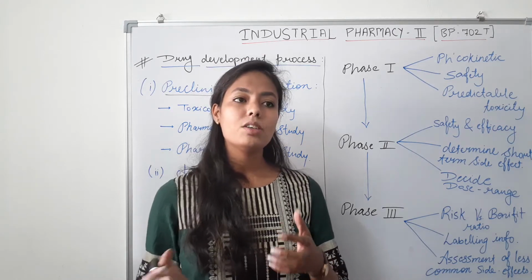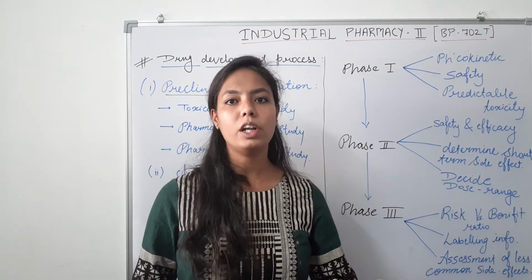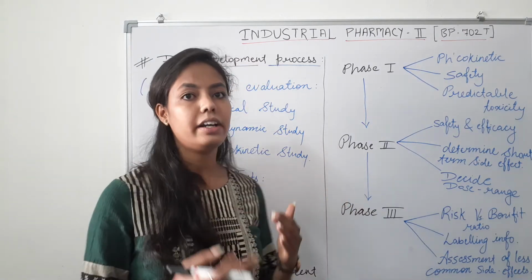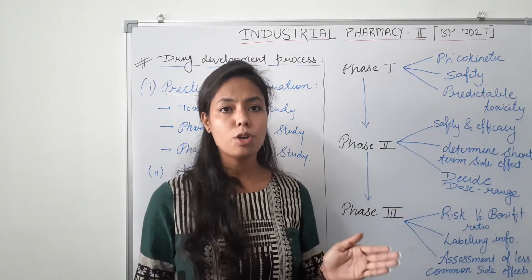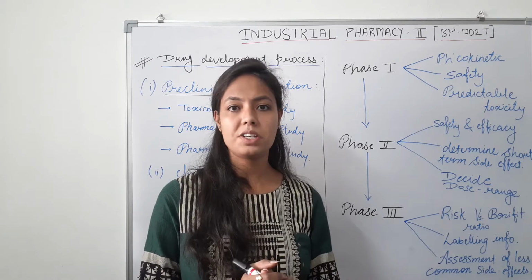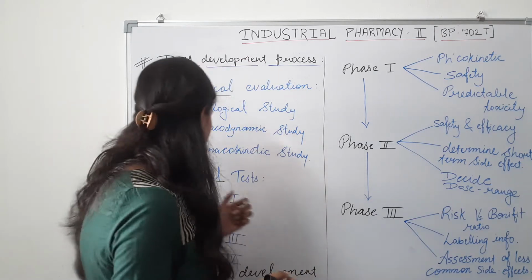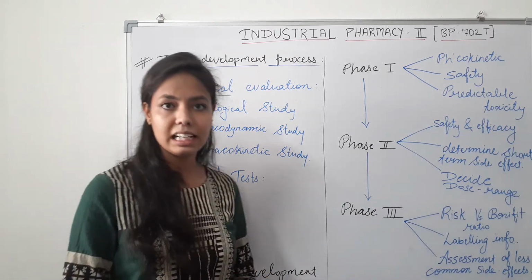In the case of an anti-cancer drug, we will not go for healthy human volunteers. It usually ranges from 20 to 100 participants for a short duration of compound administration. The entire study is usually completed within 6 to 9 months. So 6 to 9 months is the duration for phase 1 clinical trial.